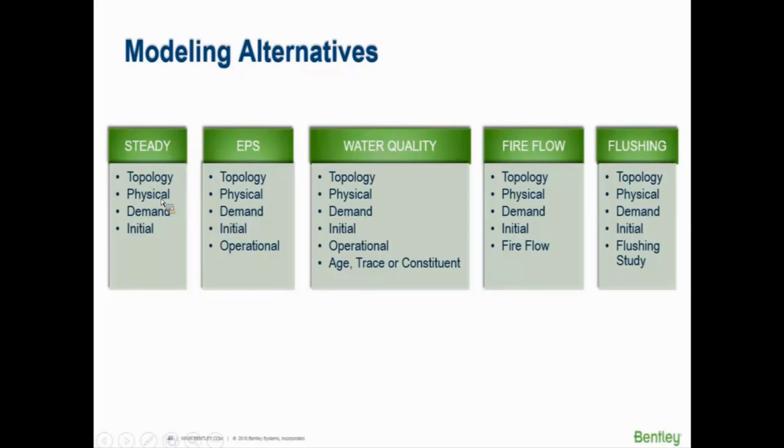So pretty much those 3 just for a steady state run. To run an extended period simulation, we're going to use operational alternatives. For a fire flow, we'll use the fireflow alternative and the physical and demand and initial. So it just depends on the type of model run that we're going to do, whether or not we're going to use one more or less alternative or building block.